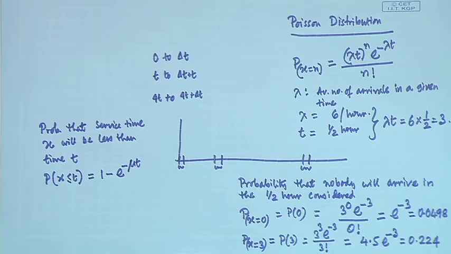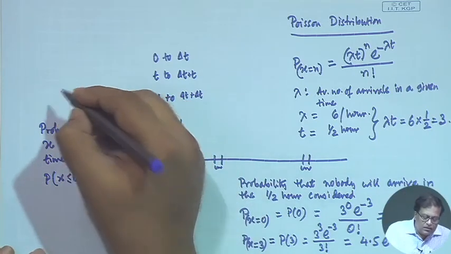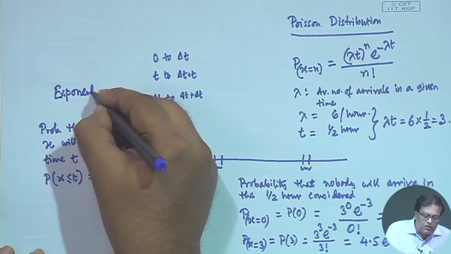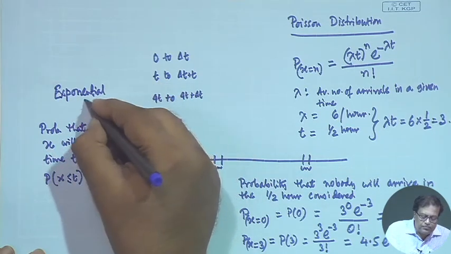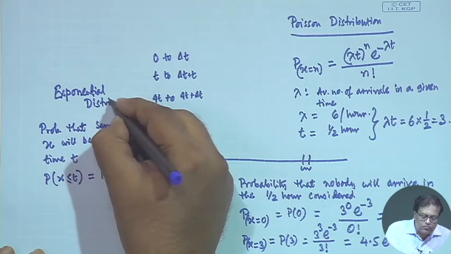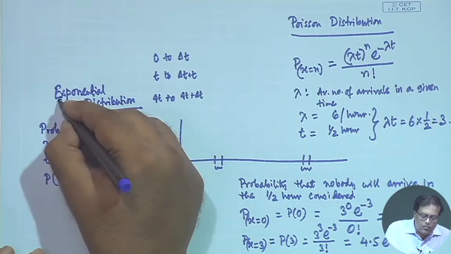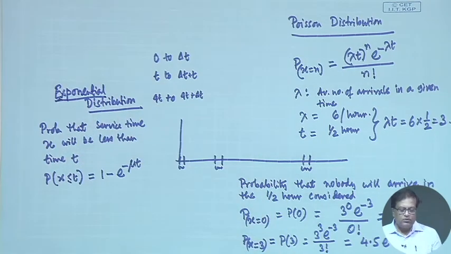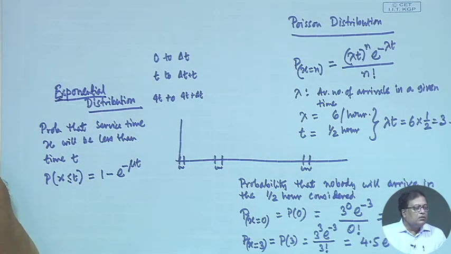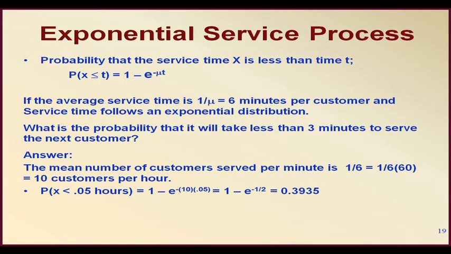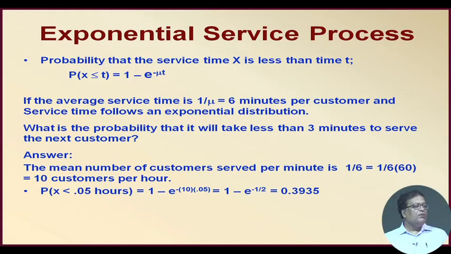So, this particular thing is given by what is known as the exponential distribution. Now, looking further, once again the same thing, the probability that the service time x is less than time t is 1 minus e to the power minus mu t.